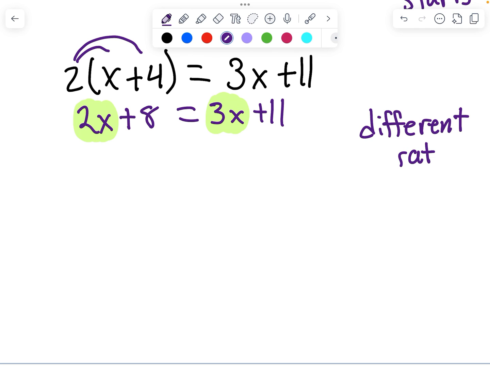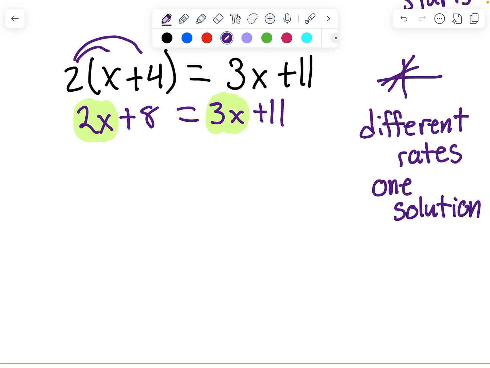This means that visually, if we were to look at their graph, one of these is going to be a little faster, the other is going to be maybe a little slower. Already with different rates, this is automatically going to have one solution. Whether or not they have the same start value or not does not matter. As long as they have different rates, they are going to intersect or have one solution.